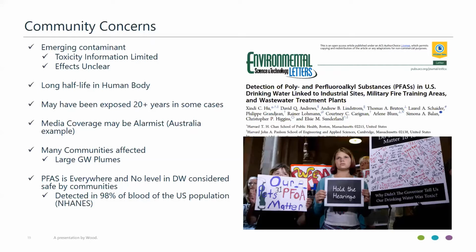So what we're seeing is that in many cases, these community concerns are driving a lot of the actions. The traditional way of looking at a site is to understand the source area and then move outward. But with PFAS, because it's within the community already, and because it's in the news already, there might be earlier sampling of those final exposure pathways.